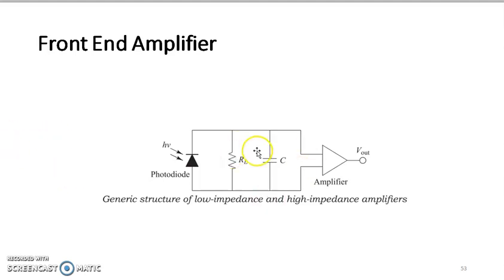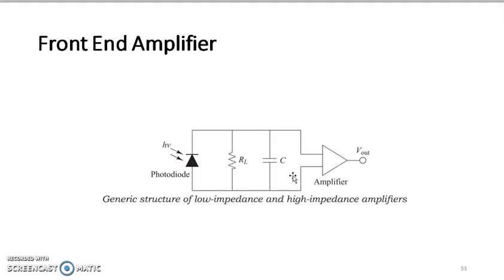We have this RL, and that RL is nothing but a parallel impedance matched to this amplifier impedance, and this RB, if we go ahead to the internal diagram, is a load resistance or a bias resistance for the given amplifier.